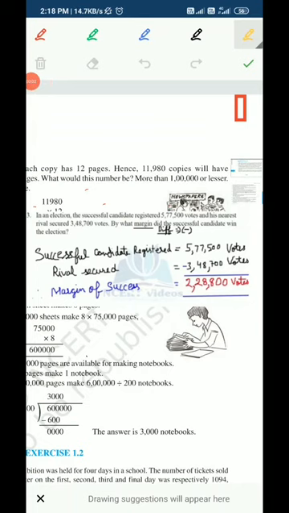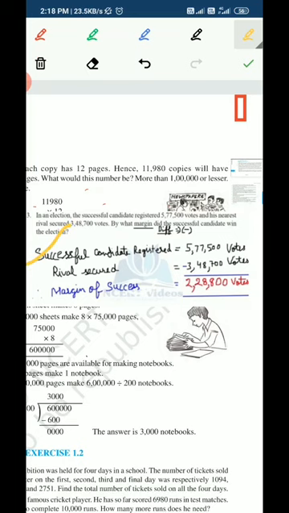So here is the solution of question 3rd in front of you. As you can see, I have written the complete solution here. They are saying the successful candidate registered 5,77,500 votes. So our first line will be: successful candidate registered 5,77,500 votes, and the nearest rival secured, what was the number of votes of the rival?